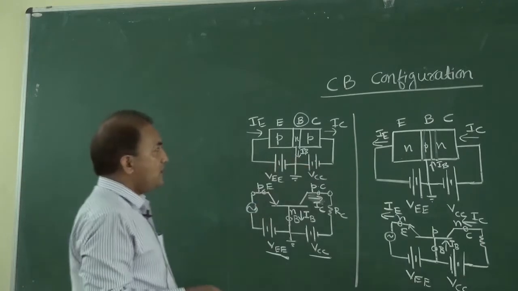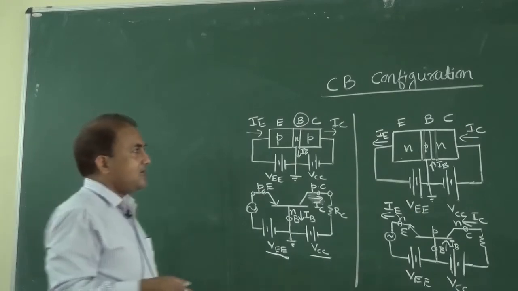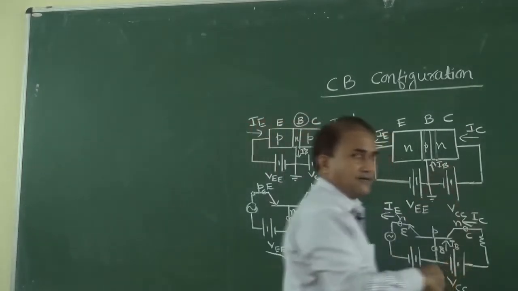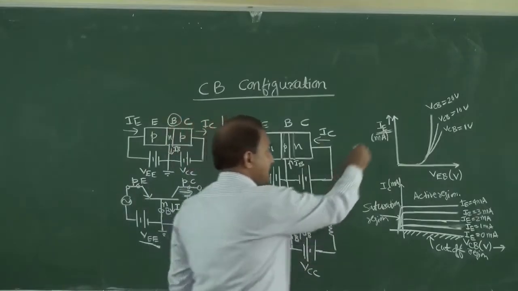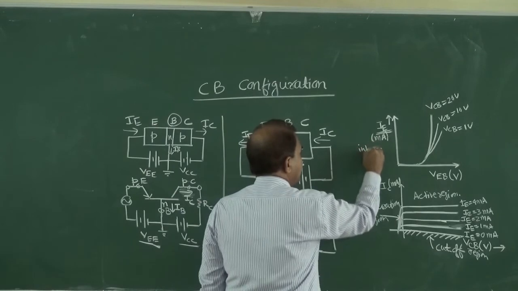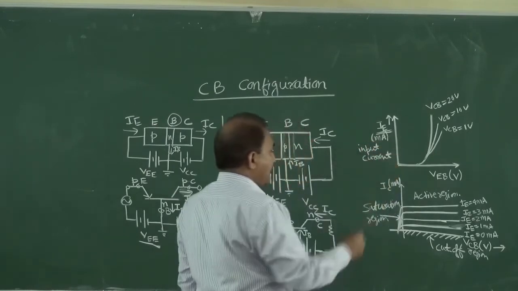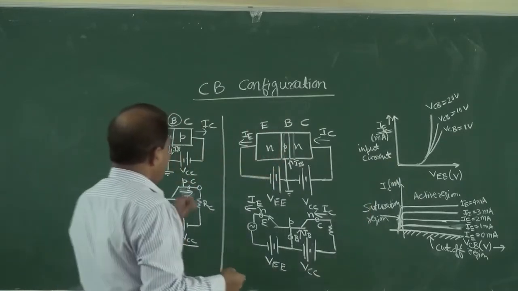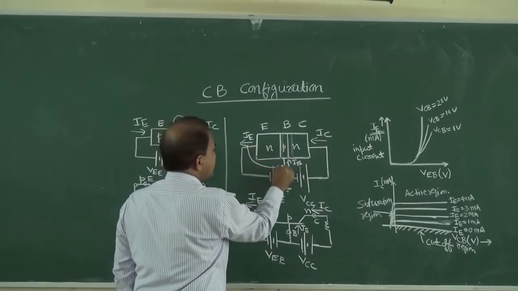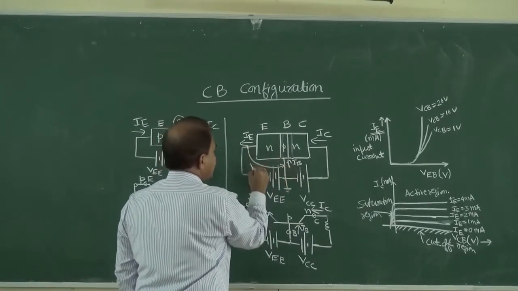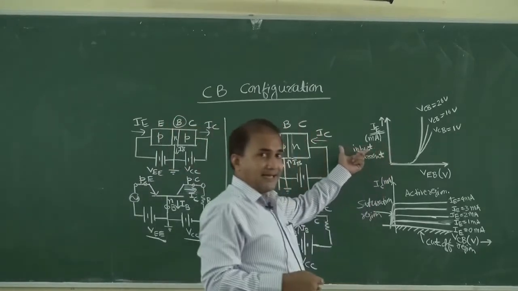First of all, we have to study the input characteristic curve. This is the input characteristic curve. You can see here, the input current is IE, and VEB is the voltage across the E and B terminals.